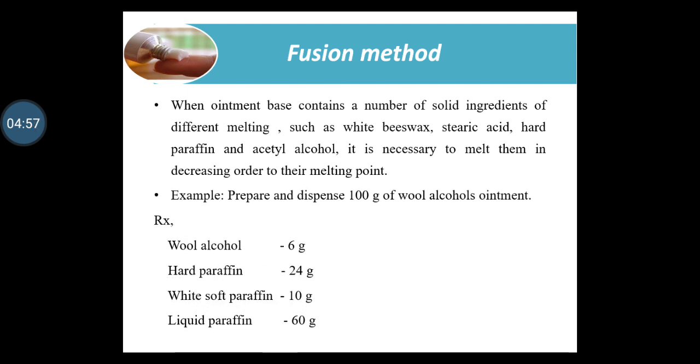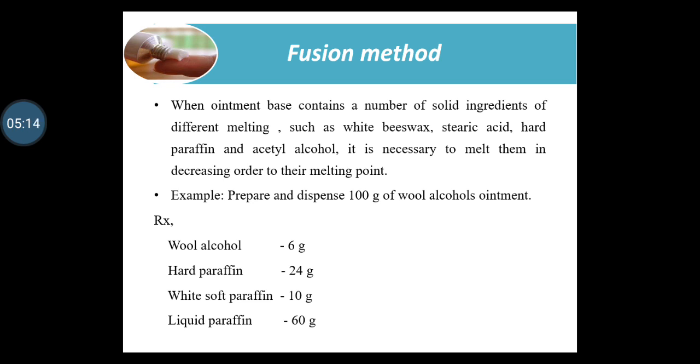This means that the substance with highest melting point should be melted first, then the substance with next melting point, and so on. This will avoid overheating of the substance having low melting points.